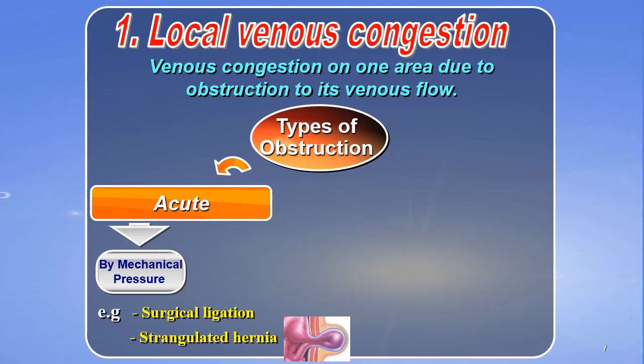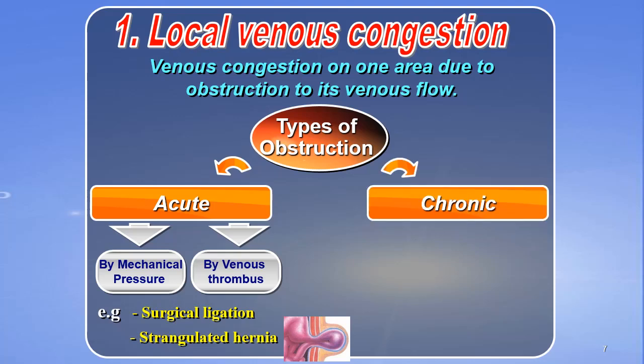Acute local venous congestion may be seen in mechanical obstruction of veins, like venous ligature, or twisting as volvulus or strangulated hernia, like here. It could also be seen when caused by a venous thrombus.